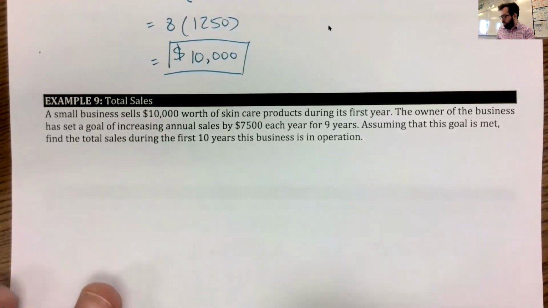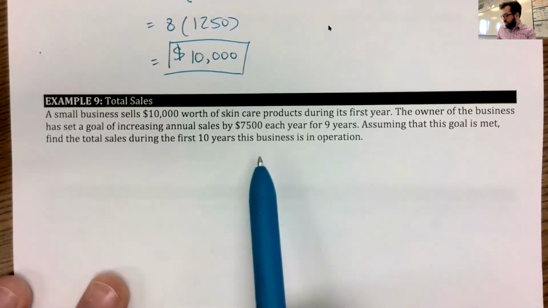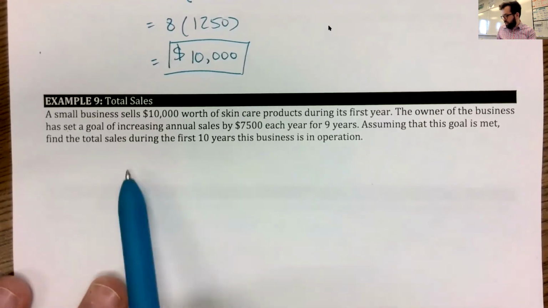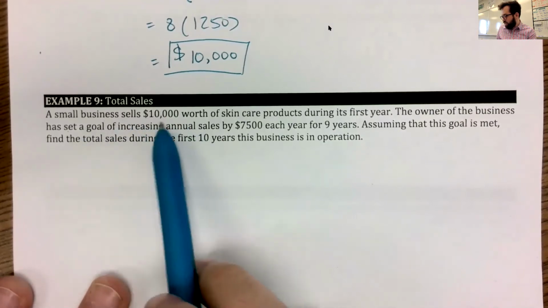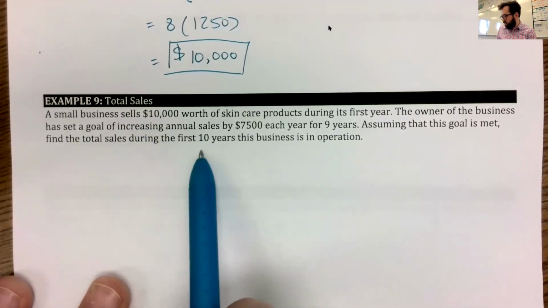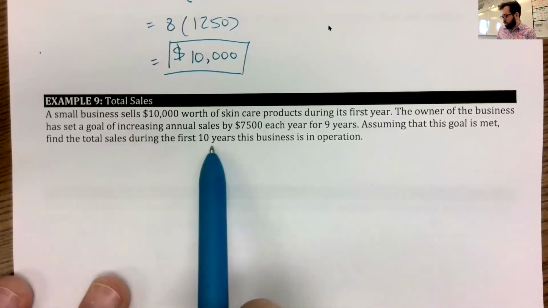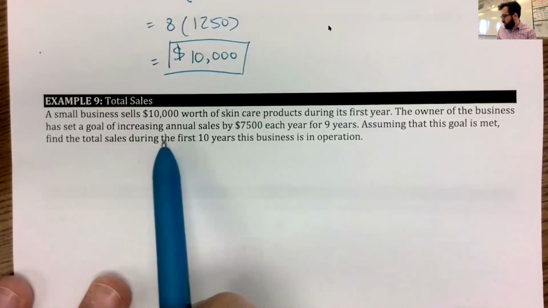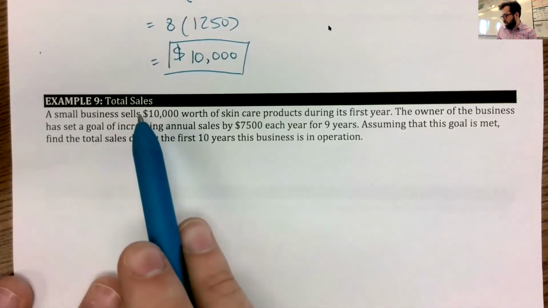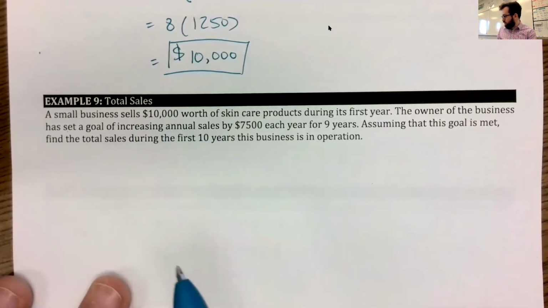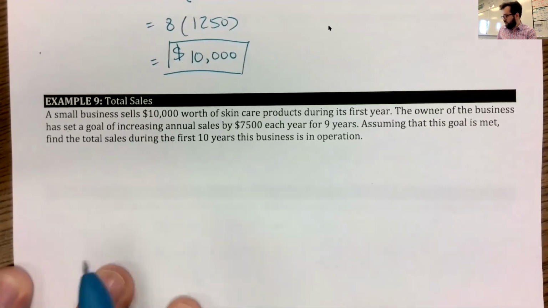Okay, so we're not just trying to find the amount of money that this business sells during the 10th year, right? We're trying to find the total sales during all 10 years. So it's going to be taking the amount of money that we get each year and then adding all of those together. So we do need to use a sequence for this.